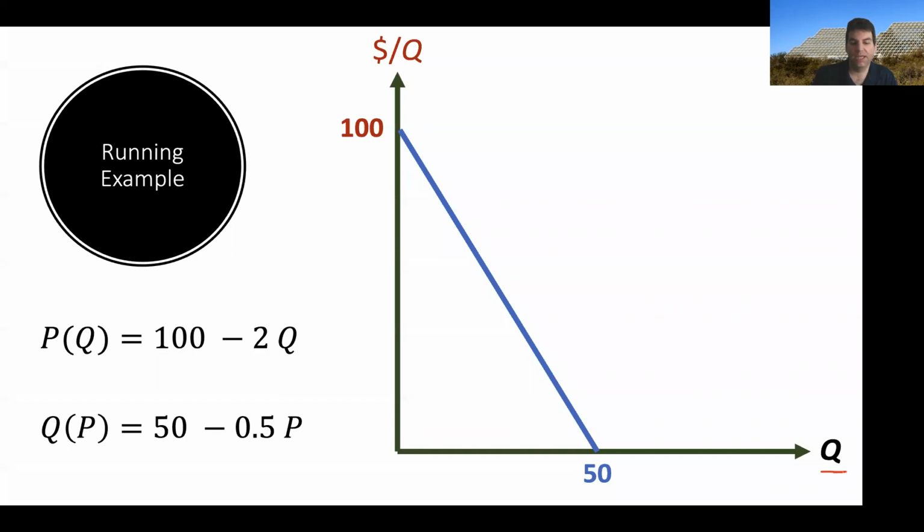The quantity is on this axis, and the price, so I could call this P, is on this axis. All points along this blue line you can calculate from either one of these two functions. These two functions are just written with a different thing on the right-hand side of the expression.